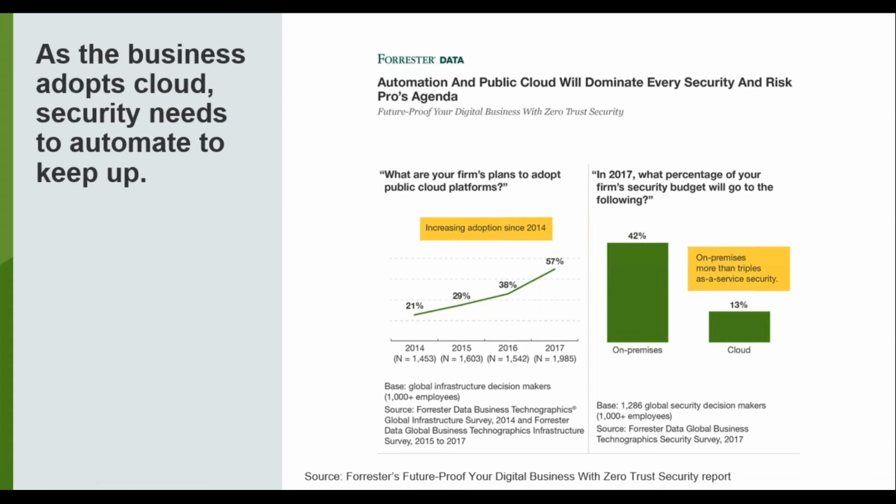Well, security was still placing bets on on-premise products and not necessarily cloud-based products to secure those cloud environments. So as we're adopting cloud as a delivery means for the rest of the business, going through that digital transformation, we also have to automate pieces of security to keep up with that.